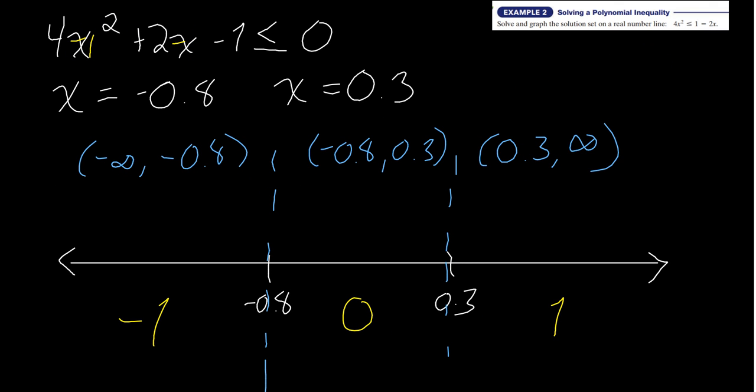So that first term is 4, and then plus 2 times -1 is -2, minus 1. So we have 4 minus 2 minus 1. 4 minus 2 is 2, minus 1 is 1. Is 1 less than or equal to 0? Well, no, because 1 is a positive number, so that is not a true statement. What that tells us is that this interval does not work.